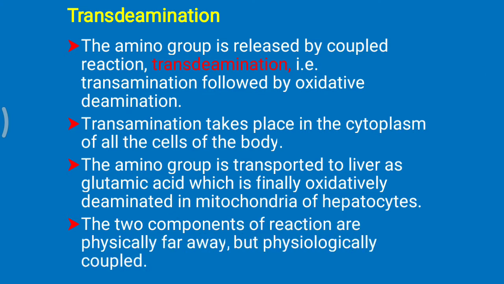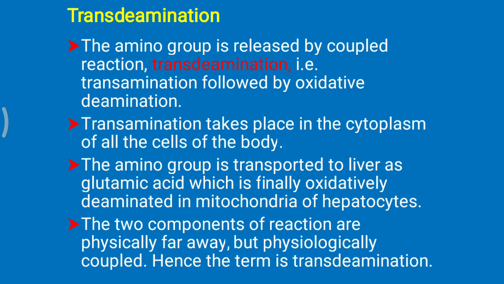So these two components of the reaction are physically far apart, because transamination occurs in each and every tissue, while deamination occurs only in the mitochondria of the liver cell, but physiologically they are closely correlated to each other. Hence the term transdeamination is utilized to explain ammonia formation.